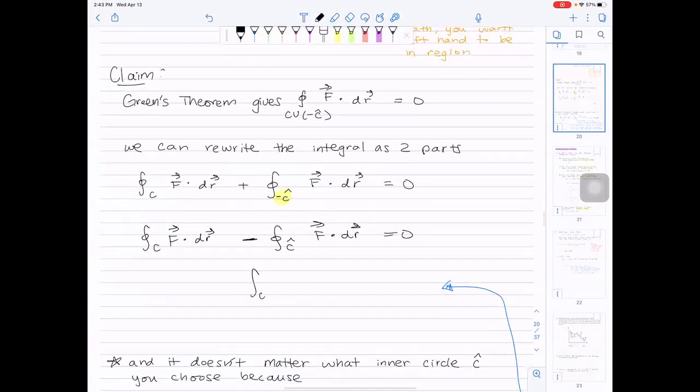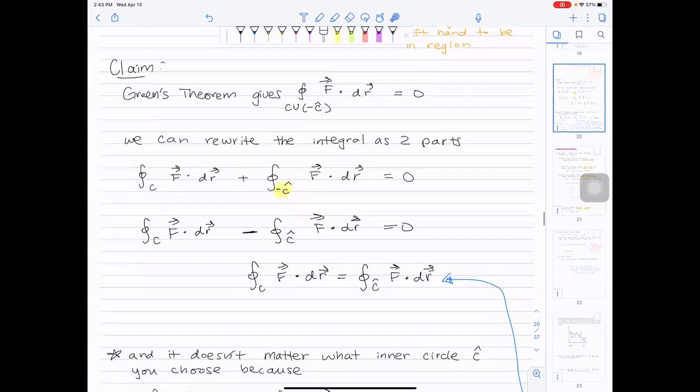And this tells us that no matter what, the integral over our outer curve equals the integral over the orange smaller curve. And you might ask, what if the orange circle that I cut out is a different circle, bigger or smaller or whatever?